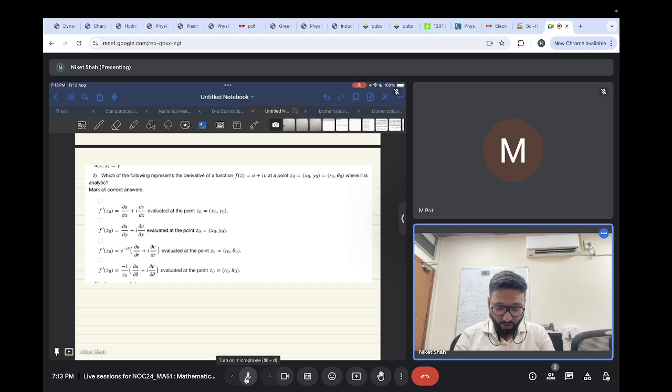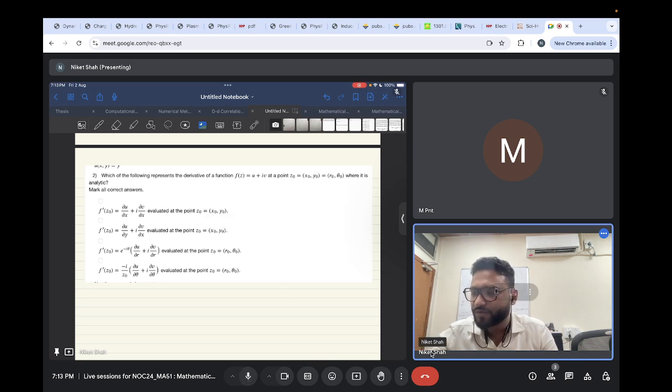So we are assuming that u and v are analytic in a particular region, and we want to see which of the following functions represent the derivative of this function at a point x0 y0 or r0 theta 0. We have to mark all the correct answers. So this is basically representing the full expression of the derivative in terms of x y or r theta.